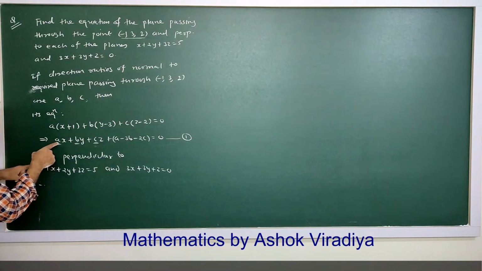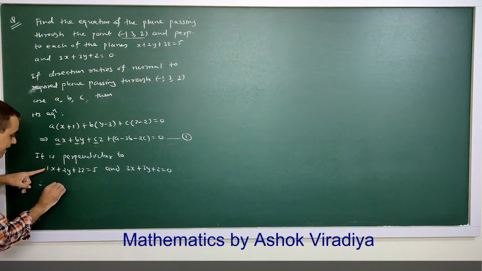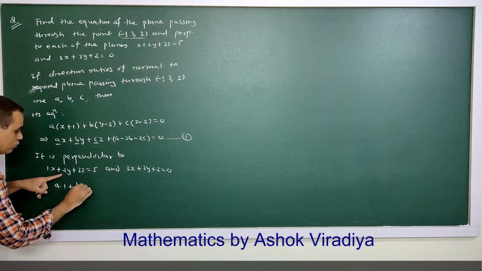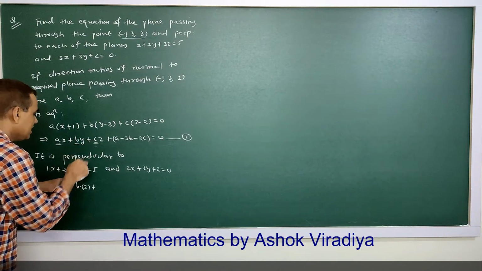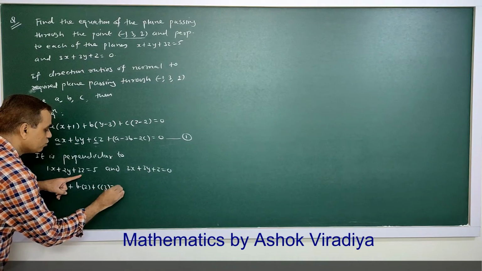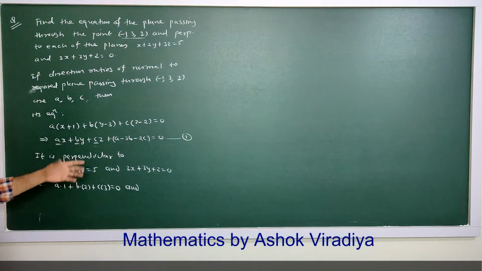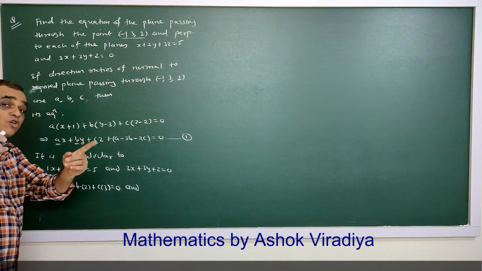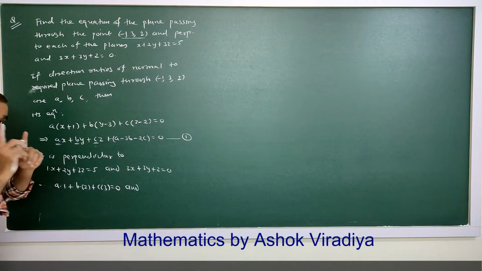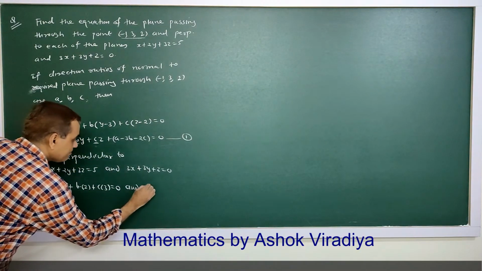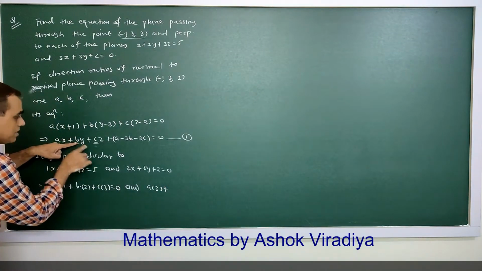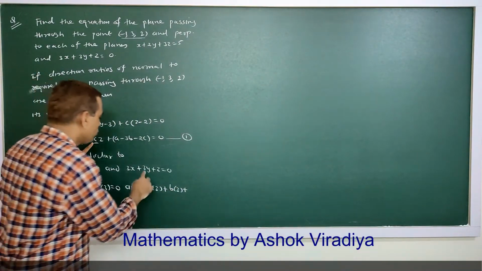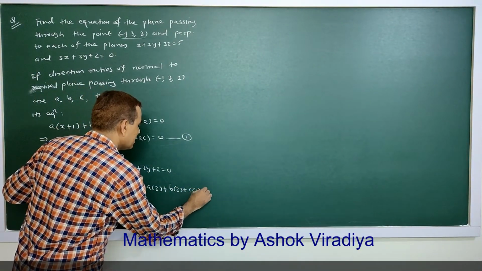So A into 1 plus B into 2 plus C into 3 equal to 0. And this is also perpendicular to this plane, so the dot product of their normals is 0. So I am taking the dot product of the normals: A into 3 plus B into 3 plus C into 1 is 0.